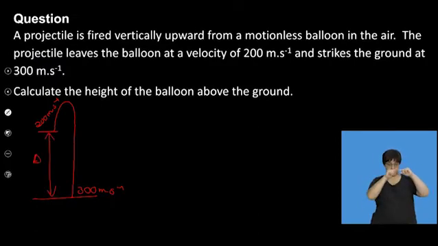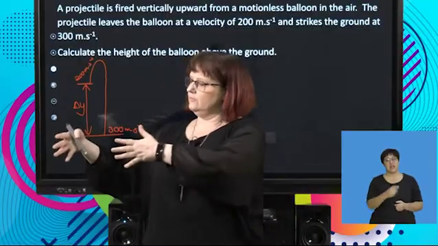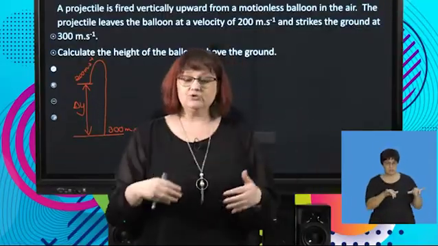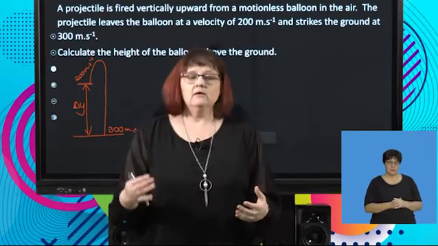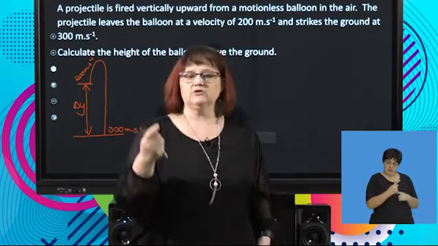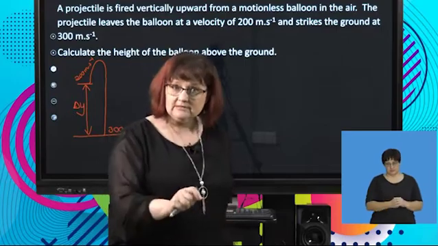That's delta y. We need to make a decision as to which direction we're going to take positive. This is your choice. I know sometimes people go, you must take down as positive, you must. You don't have to. I like to keep the way I do my questions all the same, so I always take the original direction of motion as positive.